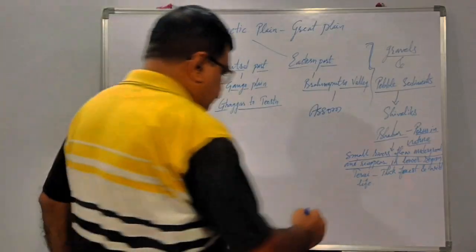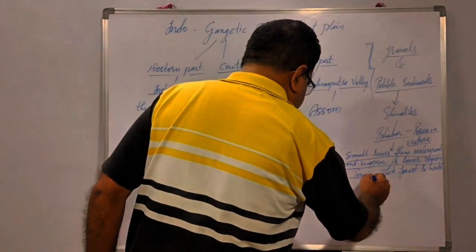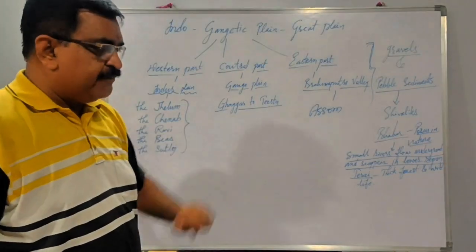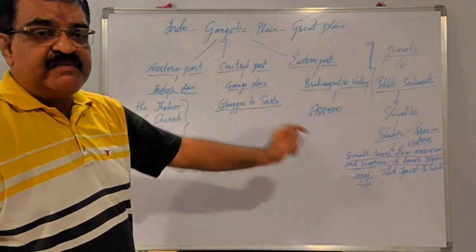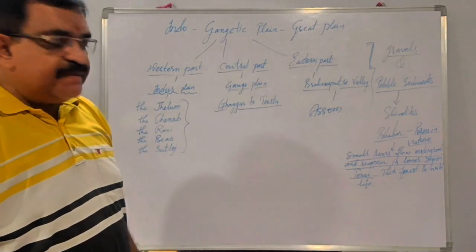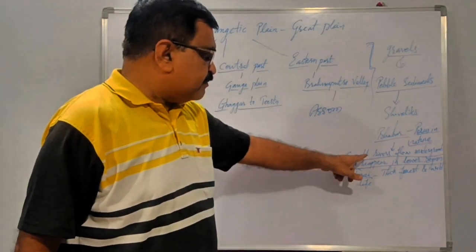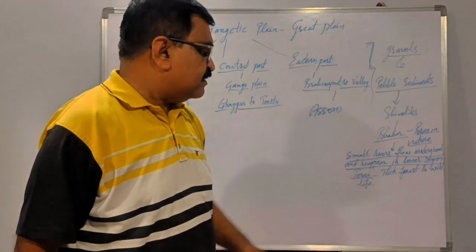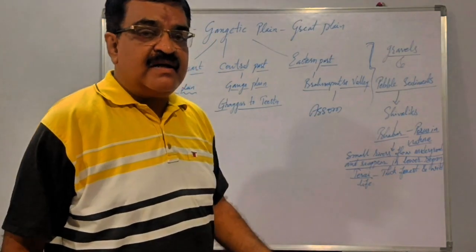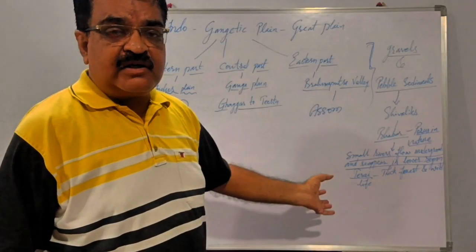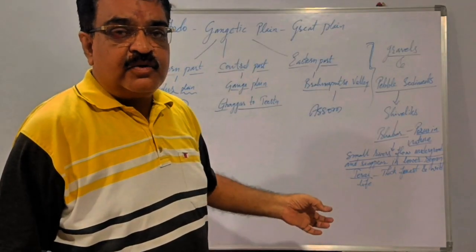Now Terai is the marshy region. Marshy region means the water table content of this area will be more in the Terai region. The reason behind it is that most of the small rivers and underground streams will flow through the Bhabar and reappear in Terai and supply a lot of water to the table land.